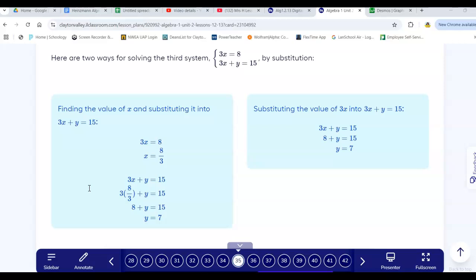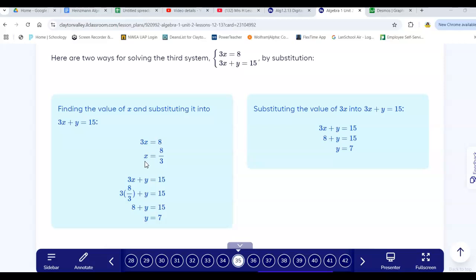So this is the new method that you're going to be learning in this lesson. It is called substitution. Here you can see that they found the value of x. They took this equation, 3x equals 8, and they solved it for x, meaning they isolated x.